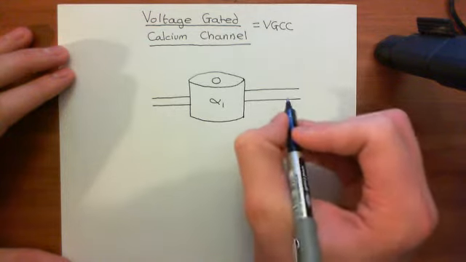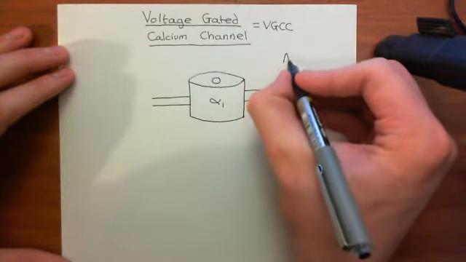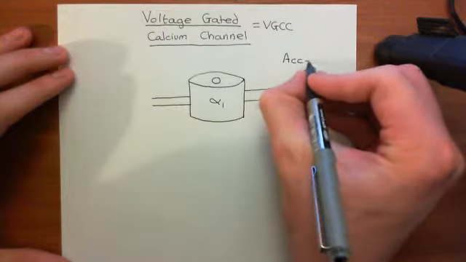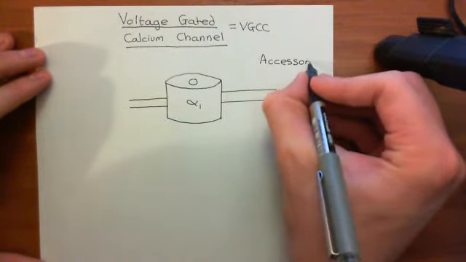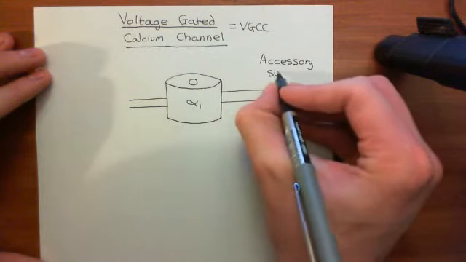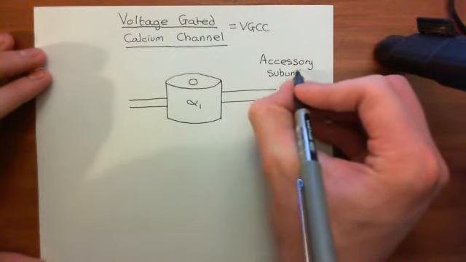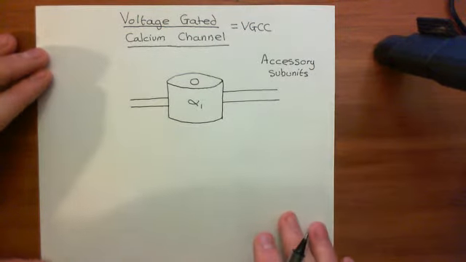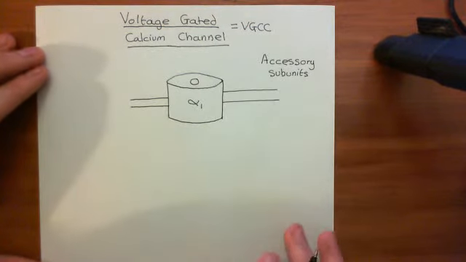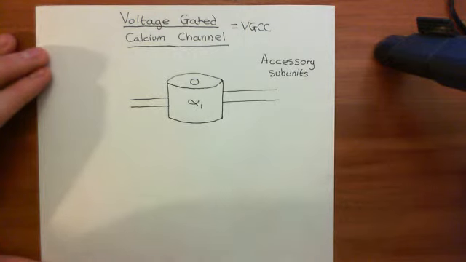They're called accessory subunits for a good reason: they're not actually necessary to get a functional voltage-gated calcium channel. The alpha-1 subunit is the only absolutely necessary subunit. All of the subunits that I'm about to tell you about are accessory to the alpha-1 subunit.